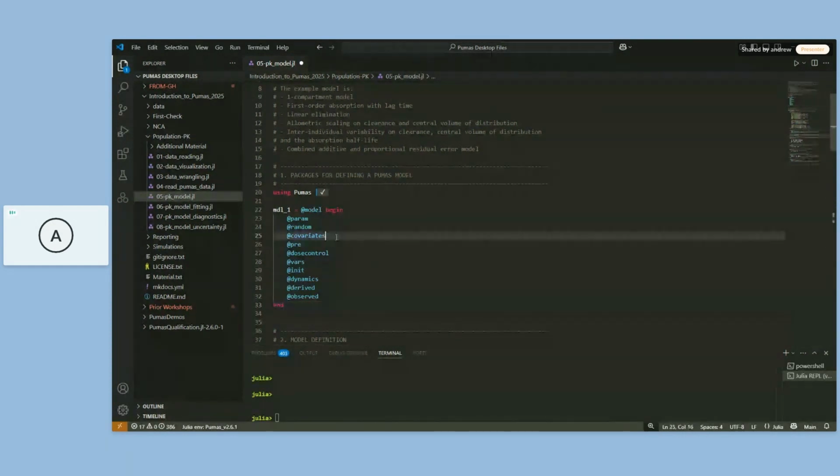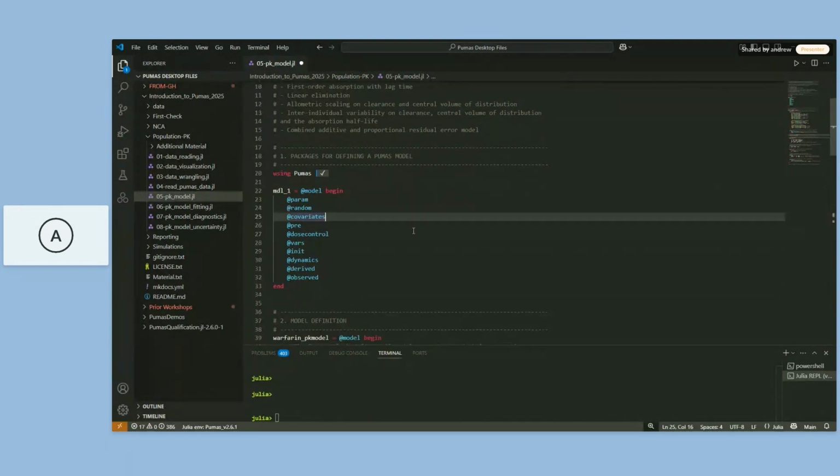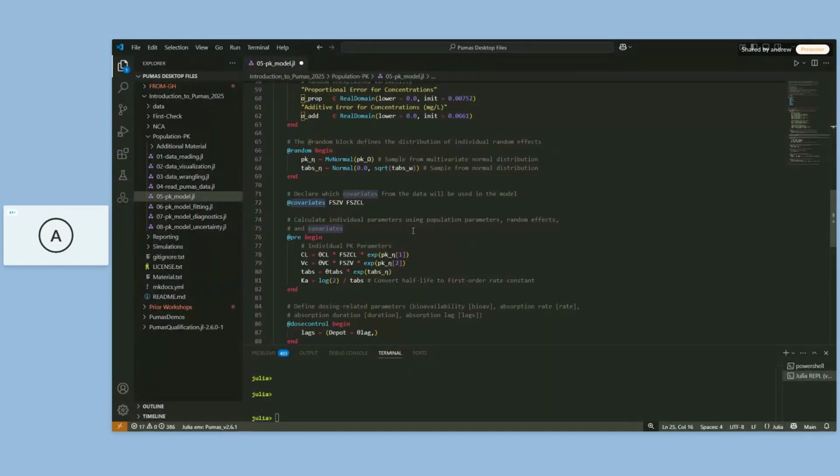Covariates we can pipe in under @covariates. And for the purposes of our base model, we won't necessarily be focusing on a stepwise covariate model or anything like that. In this particular model, just because it is a developed model, there is a covariate, for those of you who I am sure are reading ahead, because I know I was one of those.